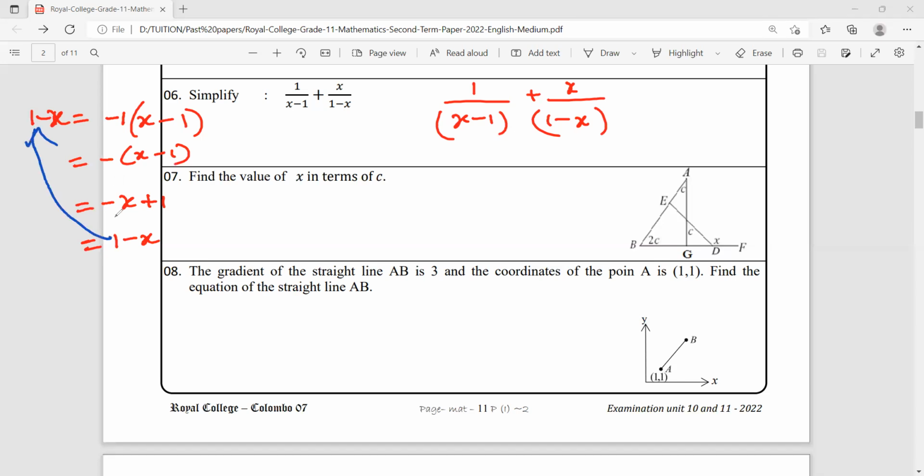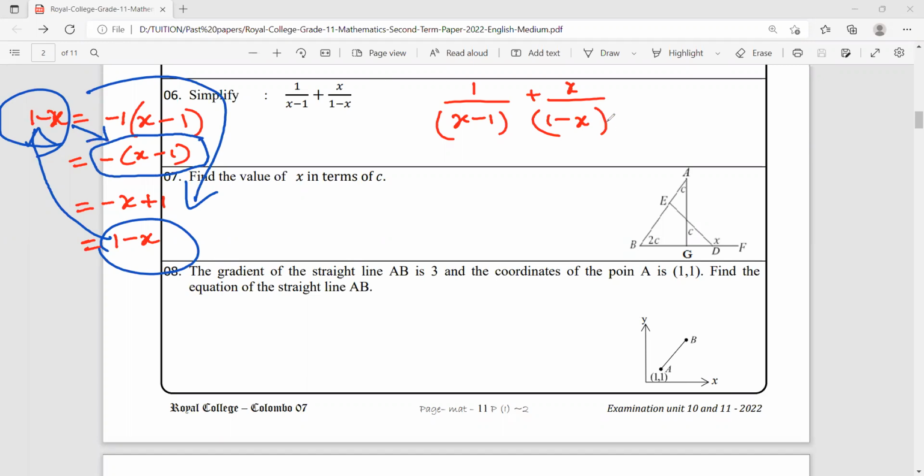Okay, you can see these two are equal, right? So I got it this way, and you can stop here, and you can take advantage of this part. So I will take this part like minus x minus 1, right?